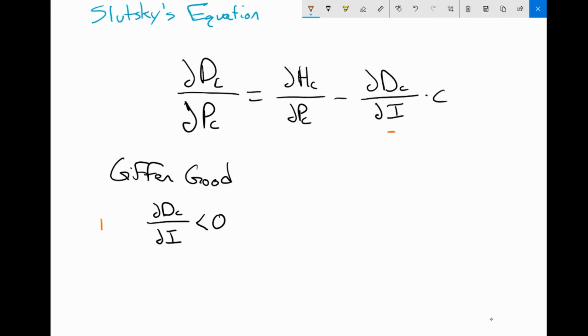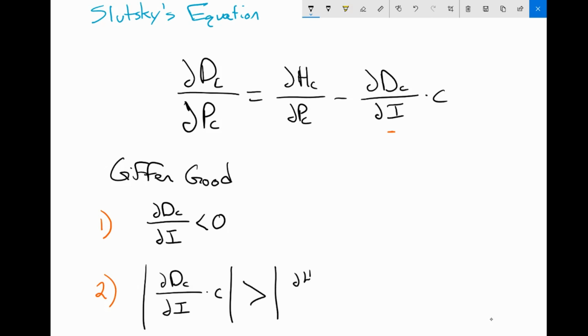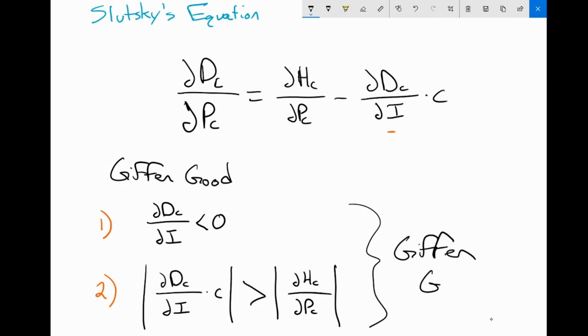So if you have an inferior good, and if the income part of the equation is greater than the substitution effect, then you will have a Giffen good. So basically, if these two things are true, you'll have a Giffen good. That means that an increase in price will result in an increase in demand.